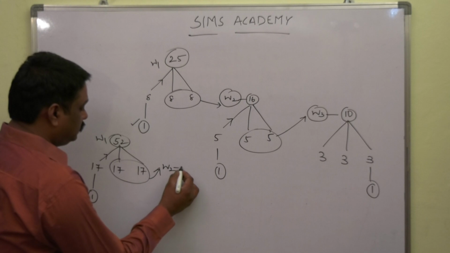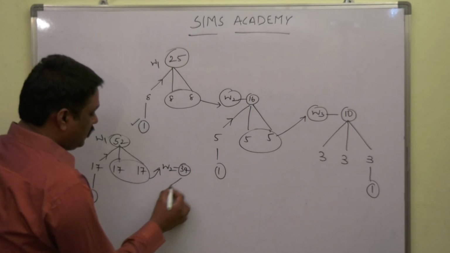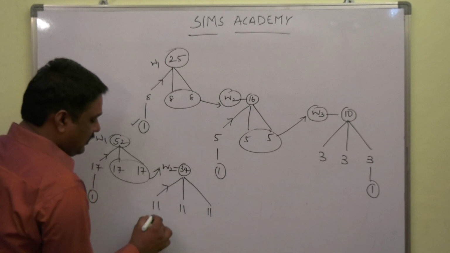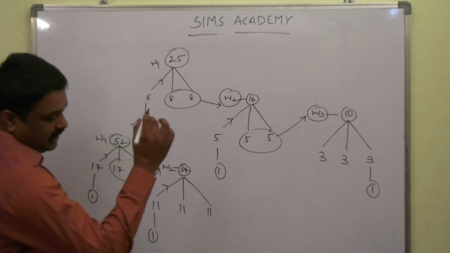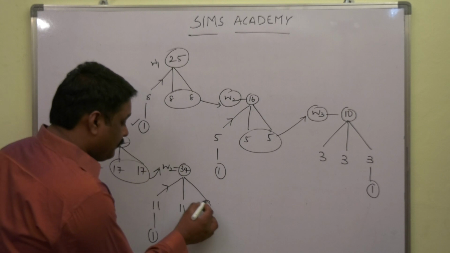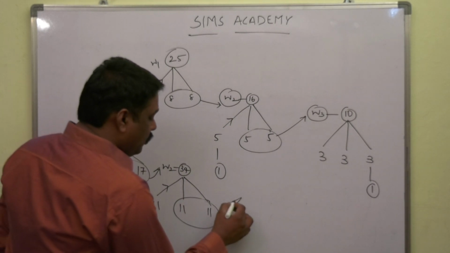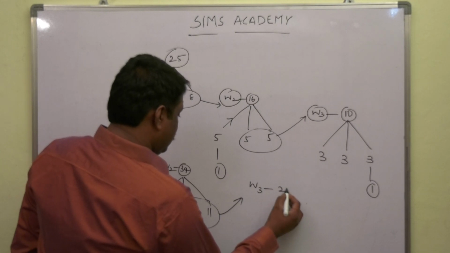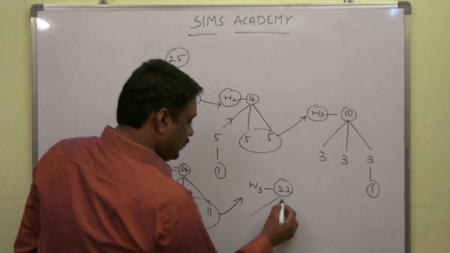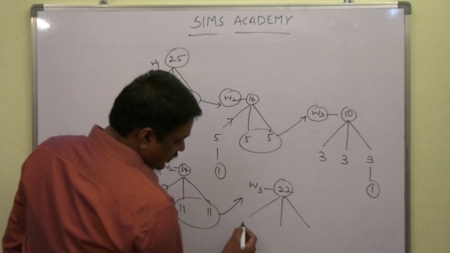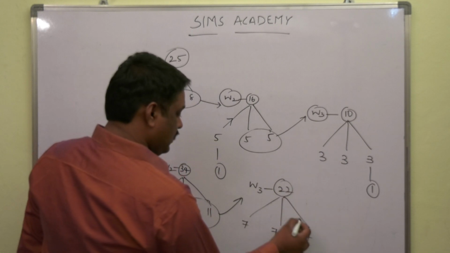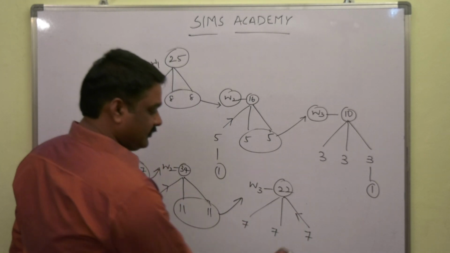Wife 2, 34. 11, 11, 11, and 1 remains. She takes her share. We are left with 22. And wife 3, 22. Again she does 7, 7, 7. She takes her share. 1 remains.